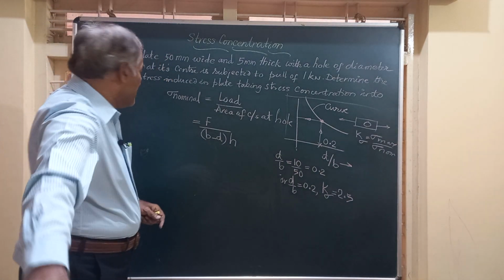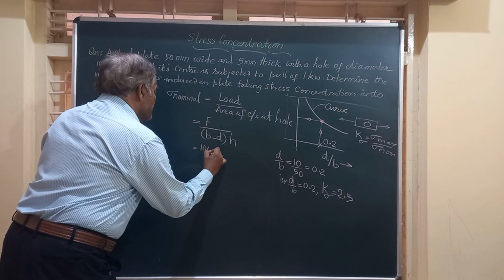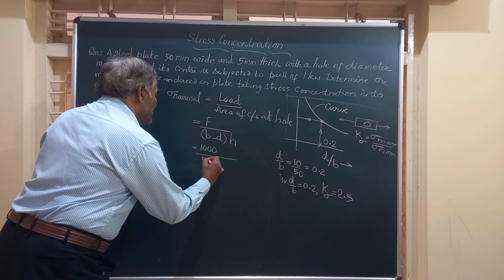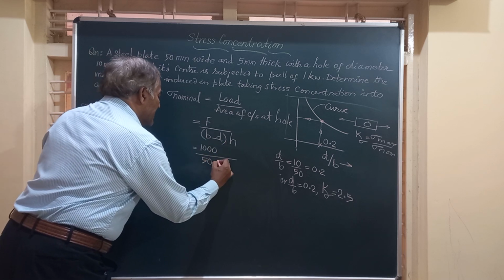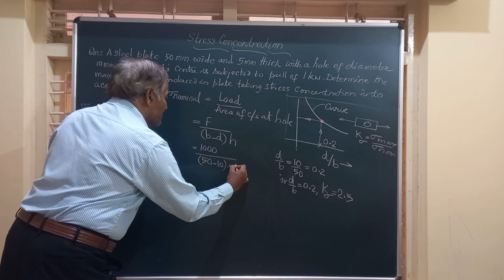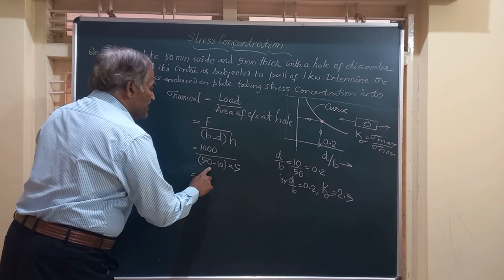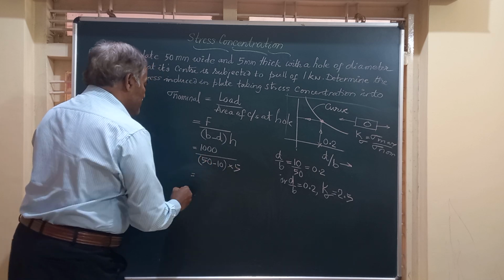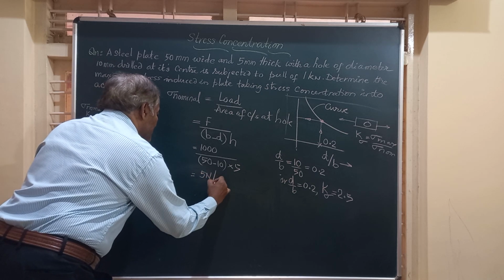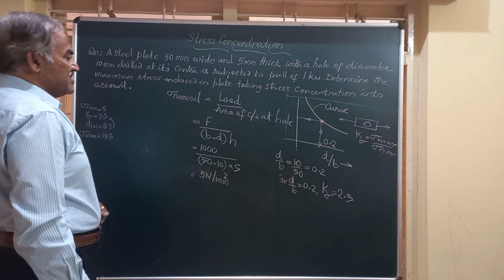So I will just put the value as 1000 divided by B minus D. B is width of the plate, D is diameter 10 mm, and the thickness of the plate H is 5 mm. And friends, if you simplify, this is 1000 divided by 40 into 5, 200. It works out to 5 Newton per mm square is the value of the nominal stress.